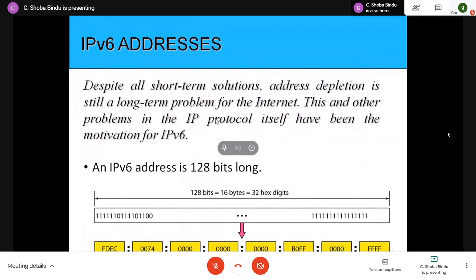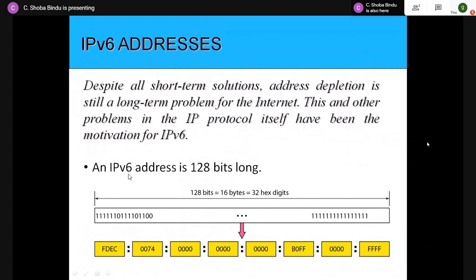An IP version 6 address is 128 bits long. Previously, IP version 4 was just 32 bits, with an address range of 2 to the power of 32. Now with 128 bits, the address space will be 2 to the power of 128, and hence this may not be depleted over a long period.